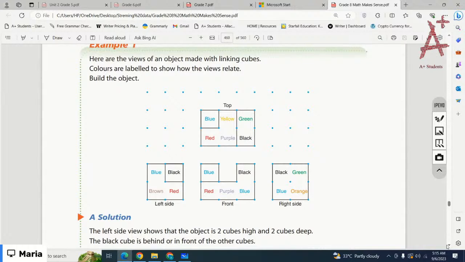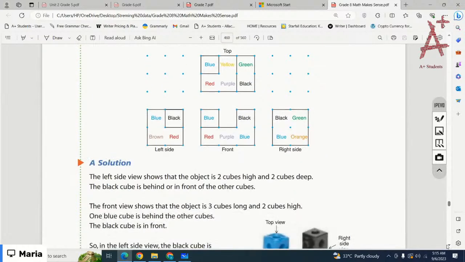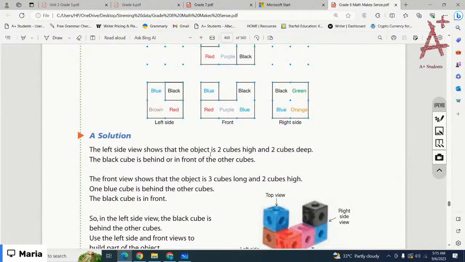Okay, the left side view shows that the object is 2 cubes high and 2 cubes long. The black cube is behind or in front of the other cubes.